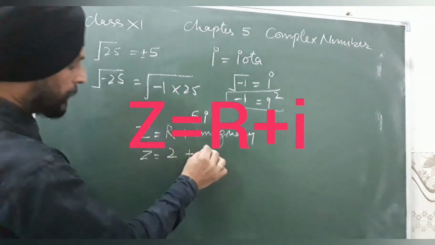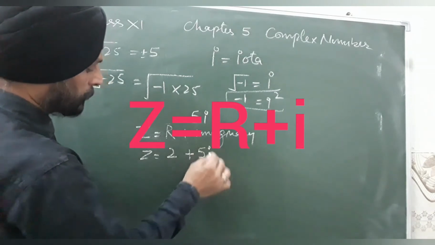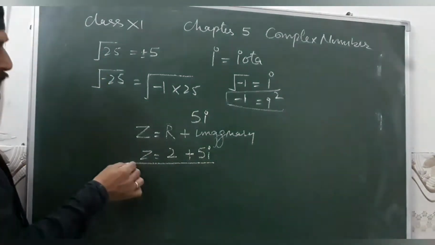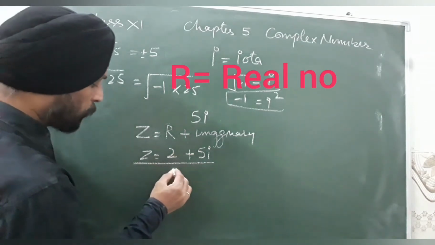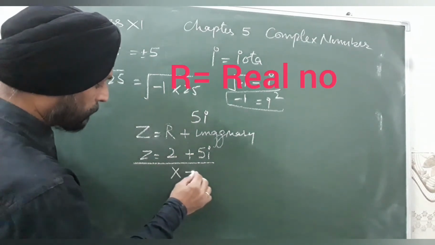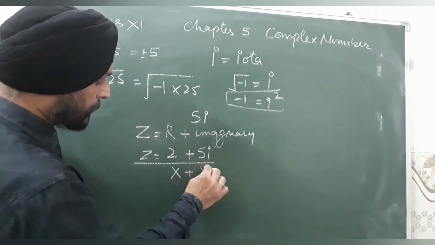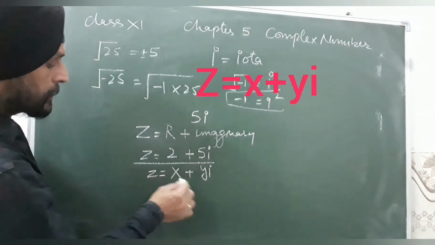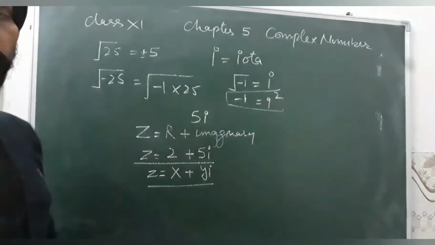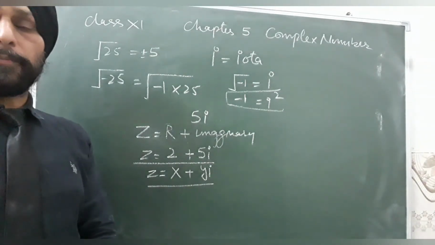And if we put 5i, this is imaginary, and this one is the complex number. Student, the real part is denoted by x in the complex number and the coefficient of i is known as y. So the complex number format is z is equal to x plus yi. I hope it is clear.